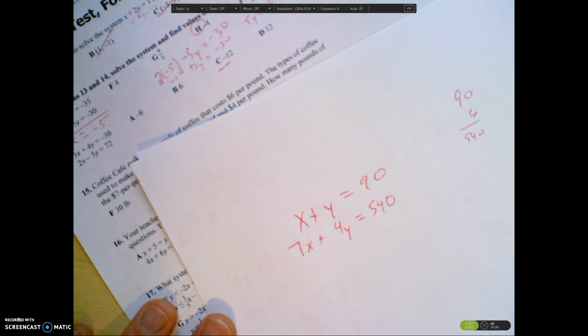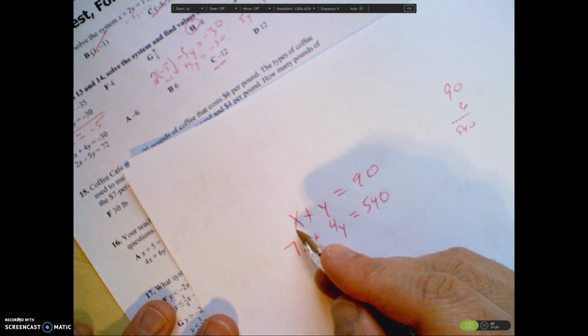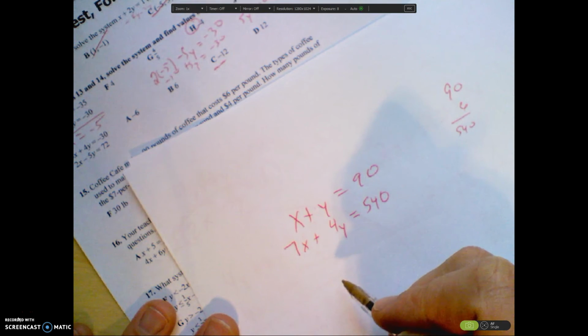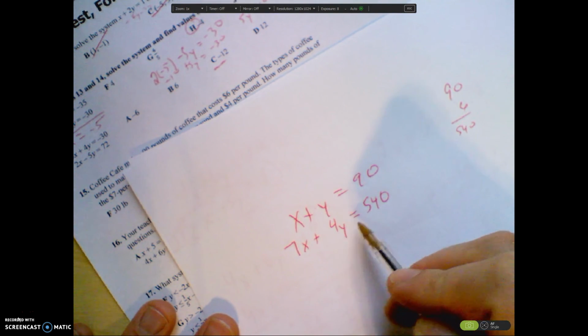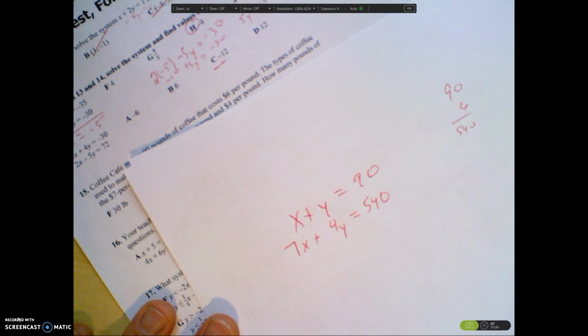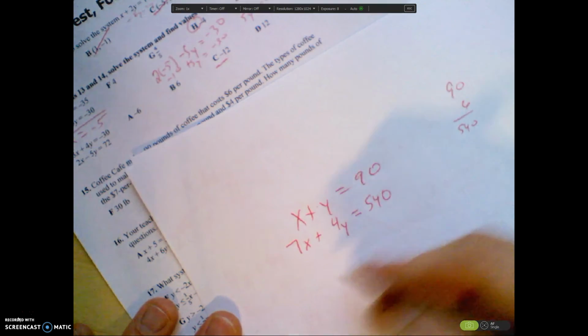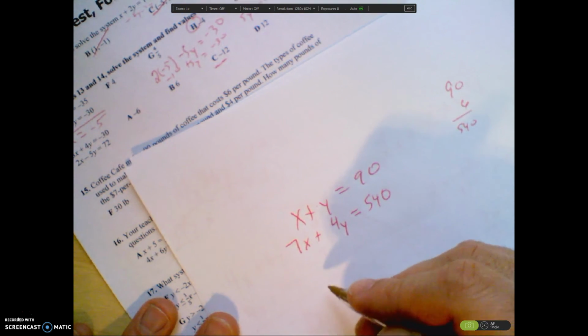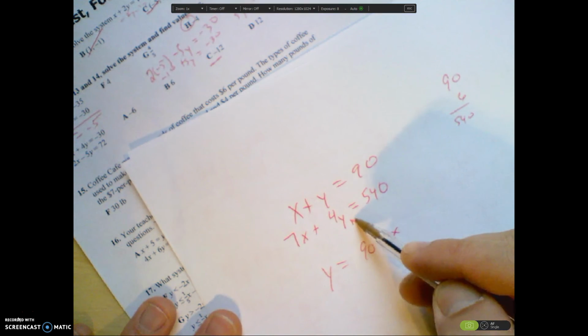I am going to solve this for x. Actually, I should probably solve it for y, because then we'll get an equation with just x's in it, and that'll give me the amount of the $7 coffee right away. So I'm going to solve this for y. If I subtract x from both sides, I get y equals 90 minus x. And I'm going to plug that right there.